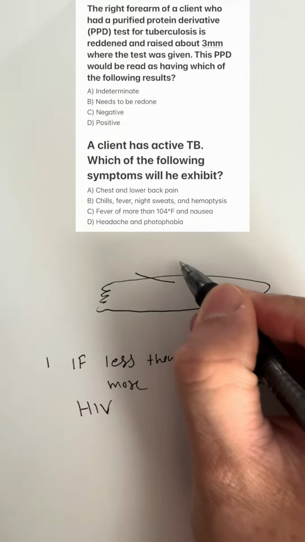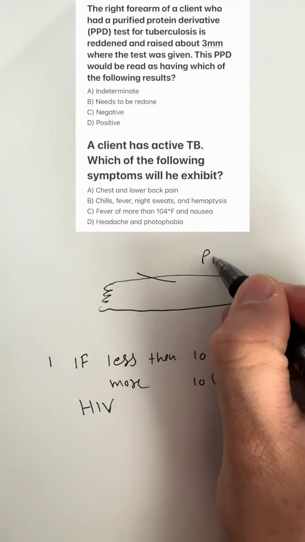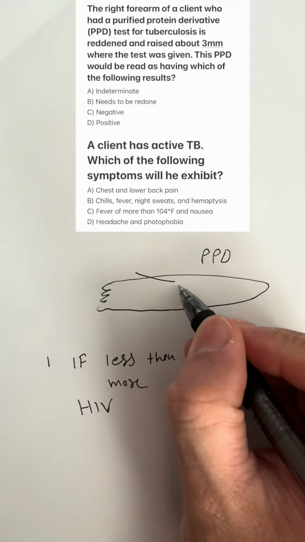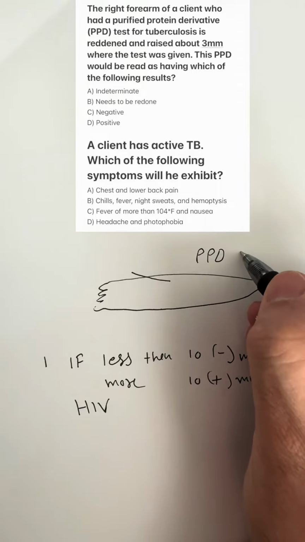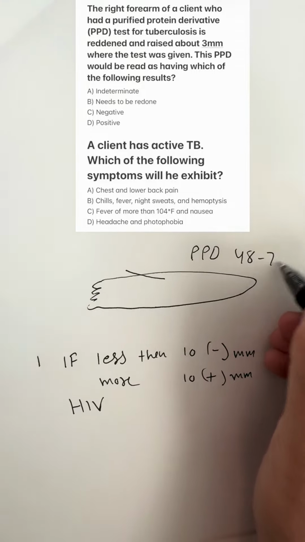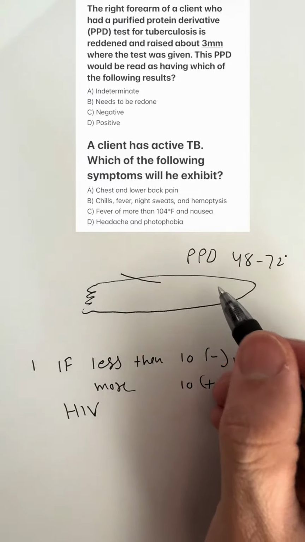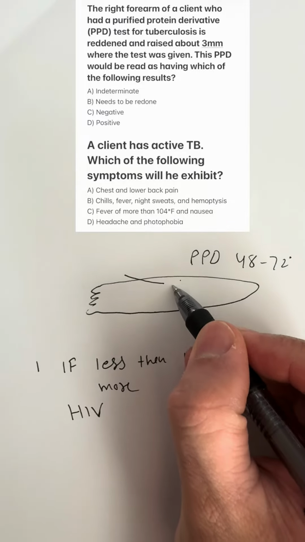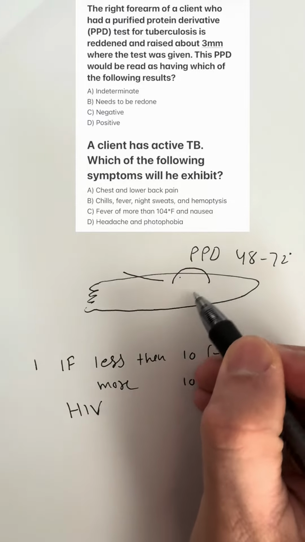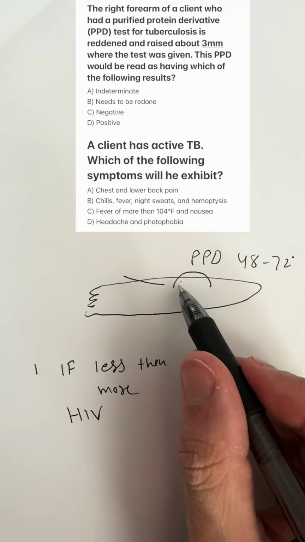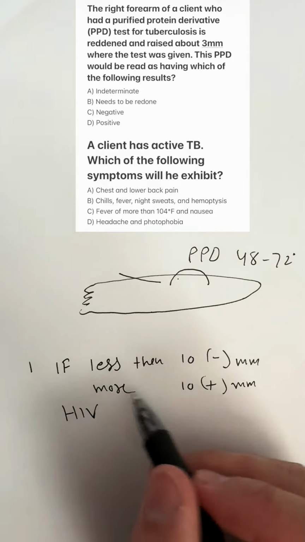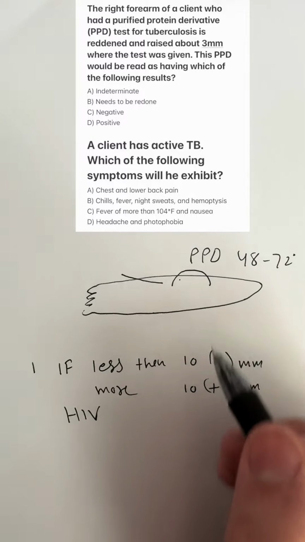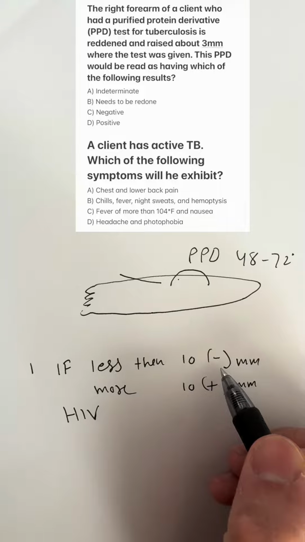That's called the PPD shot. After 48 to 72 hours, you ask the patient to come back for the reading. If the patient has a red bump like this and it is more than 10, that's positive. If it's less than 10, then it's negative.